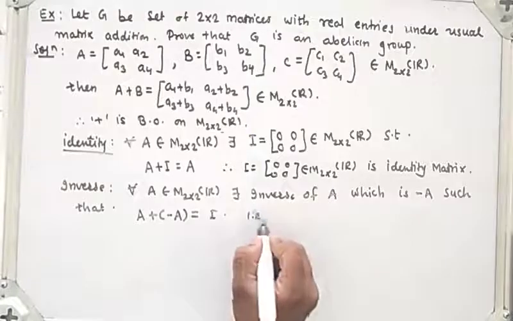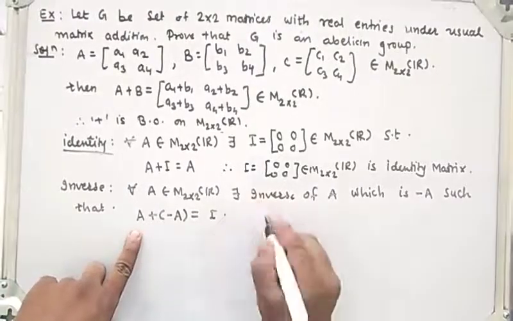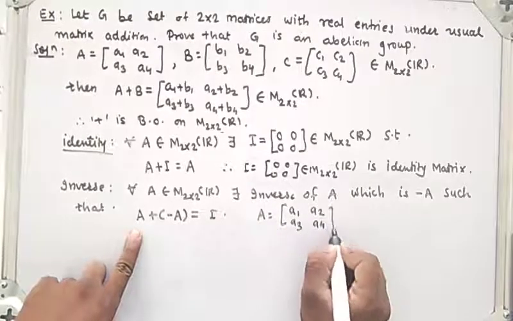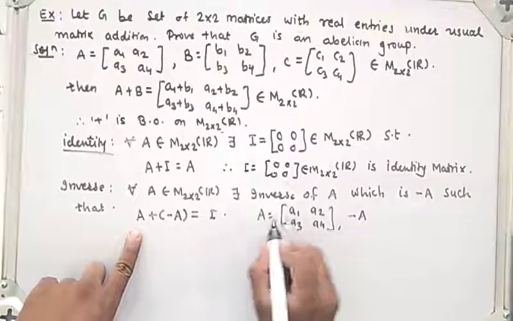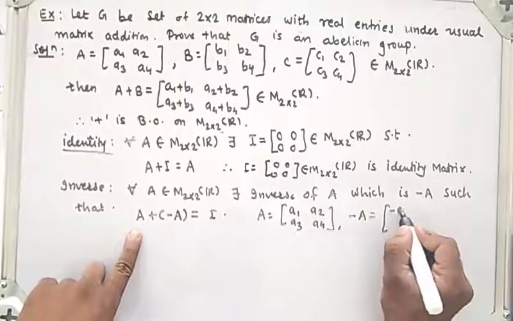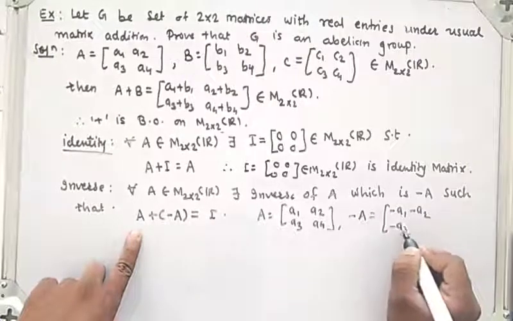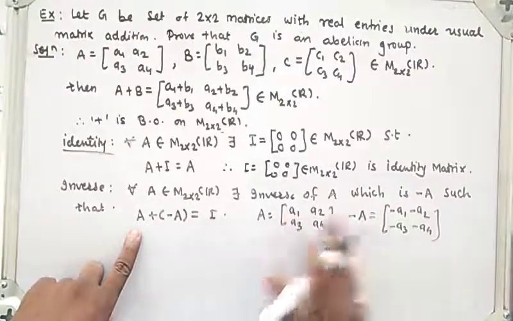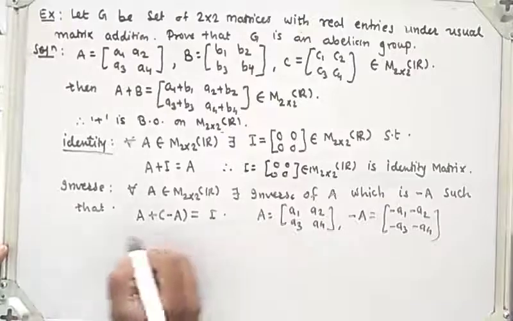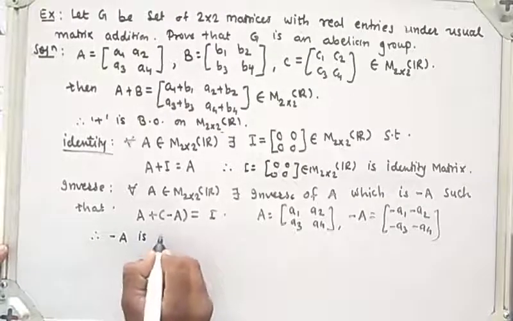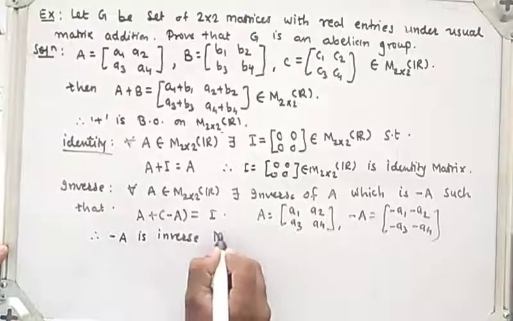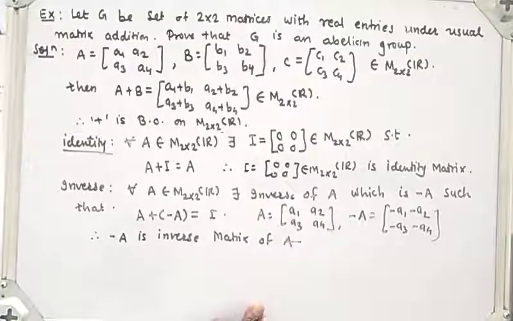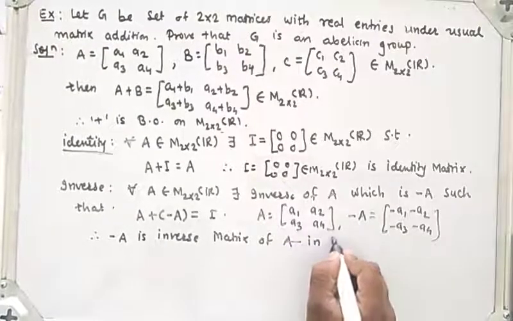Here A is A1, A2, A3, A4 and minus A, I will apply minus sign throughout: minus A1, minus A2, minus A3, minus A4. If I add these two, we will get 0 0 0 0, because A1 minus A1 is 0. Therefore minus A is the inverse matrix of A, meaning the inverse of every element exists in the set of all 2 by 2 matrices in G, right?